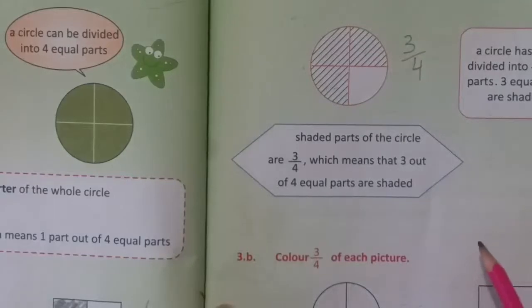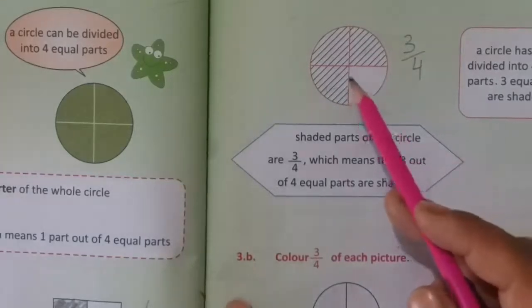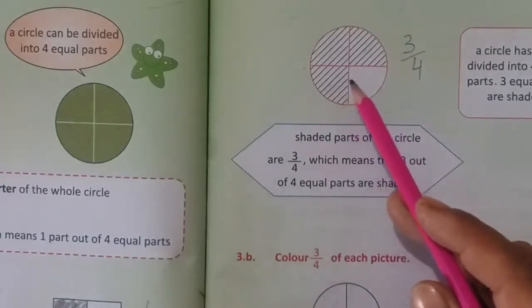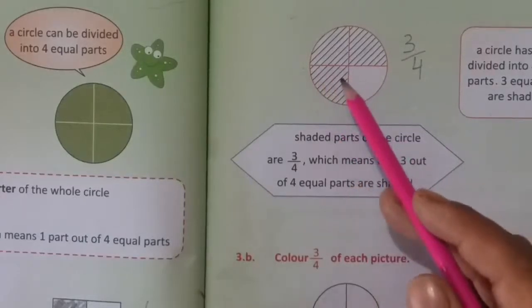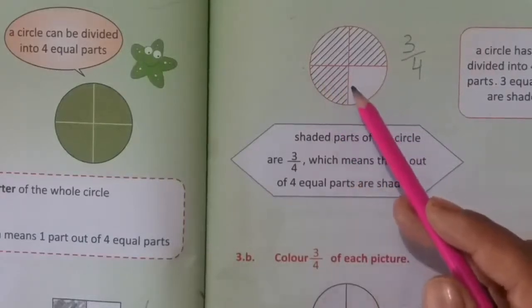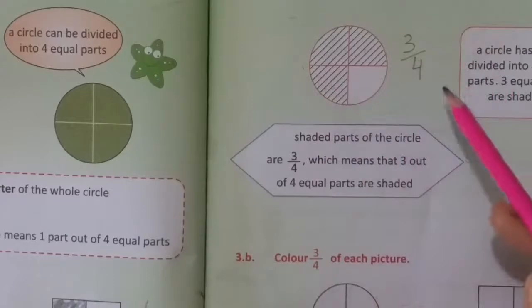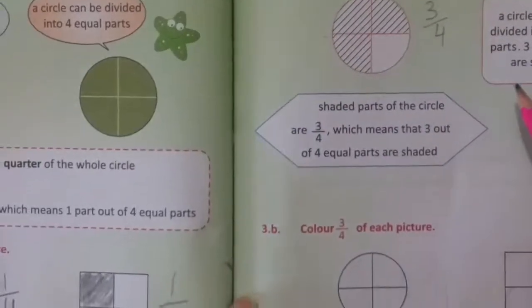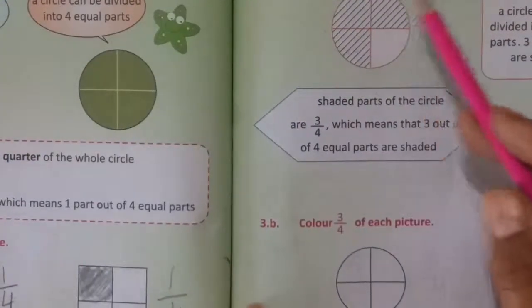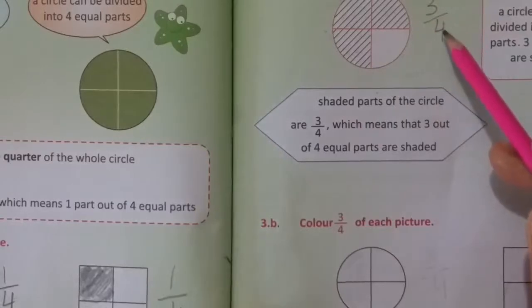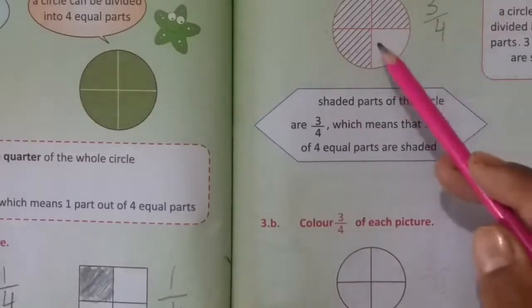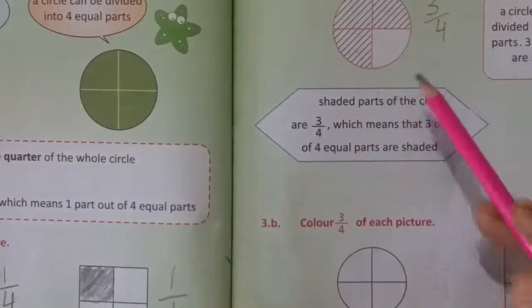It means this circle has been divided into 4 equal parts and 3 parts are shaded. So the fraction will be 3 by 4. Shaded parts of a circle are 3 by 4, which means 3 out of 4 parts are shaded.